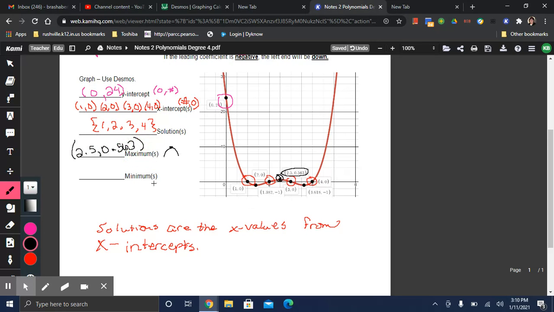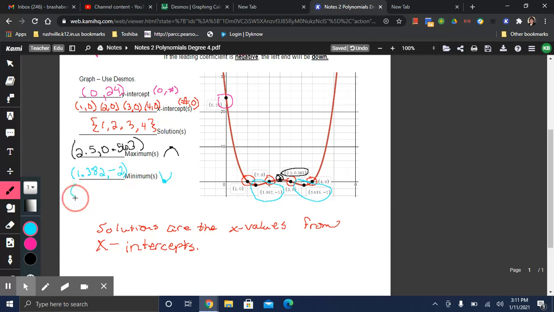And then for the minimum, you're looking for where the graph has a lowest point or a valley. This has two. We have one here, and we have one on the right side as well. So this one has two minimums, which is possible. The first one is 1.382, comma, -2.